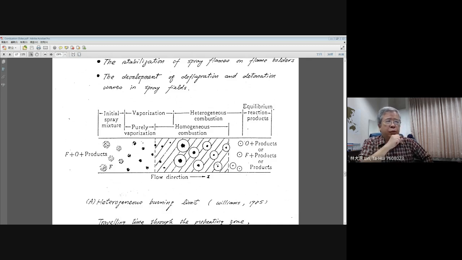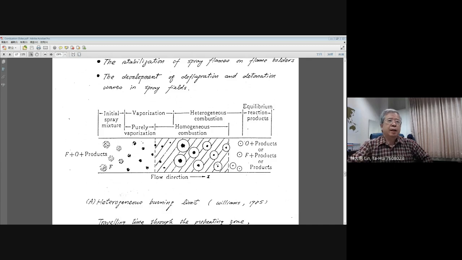Now, as this two-phase mixture flows continuously from the left-hand side to the right-hand side, since we already have some fuel vapor mixed with oxygen, in the gas phase you already have some mixing of fuel vapor and oxygen. That gives a possibility to generate a bulk premix flame. Actually, this is controlled by the gas phase of oxygen and fuel vapor.